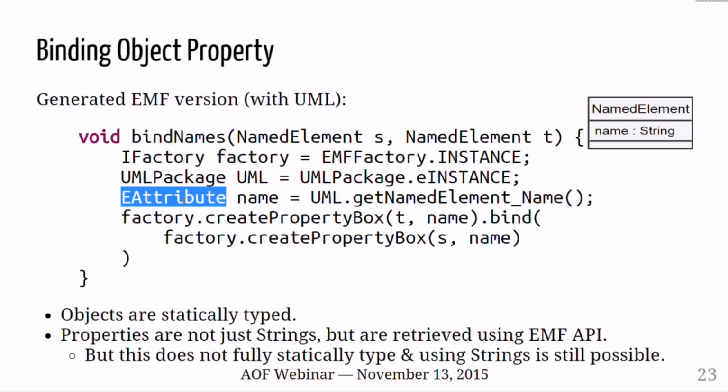The type here, E-attribute, does not inform the compiler about the type of the property. If we had an E-attribute with a type parameter String, for instance, we could leverage this information to make sure that we are not binding two boxes of incompatible types. But because we don't have this information here, we cannot type this statically.